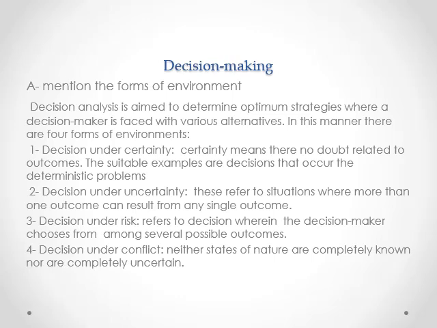Once the decision under certainty is known, or we almost tested this form of decision by explaining the linear programming methods, then we will focus on the decisions under uncertainty.